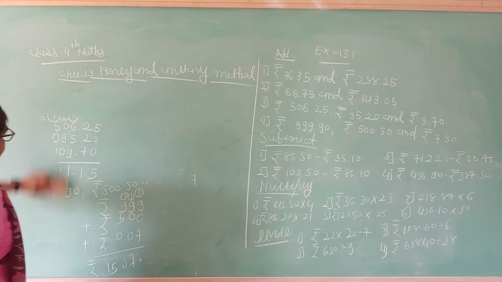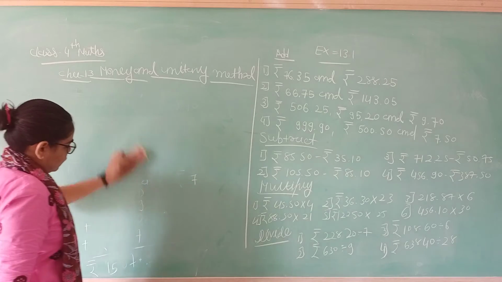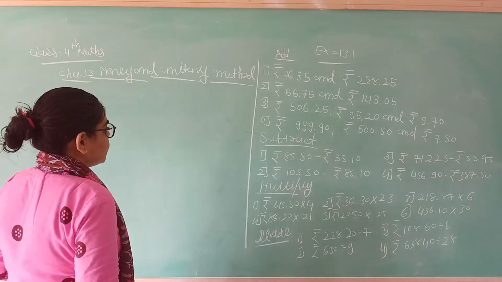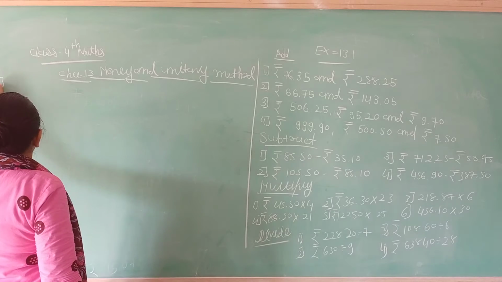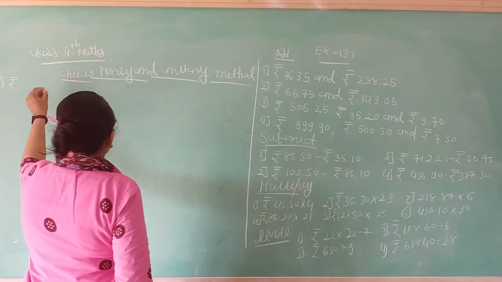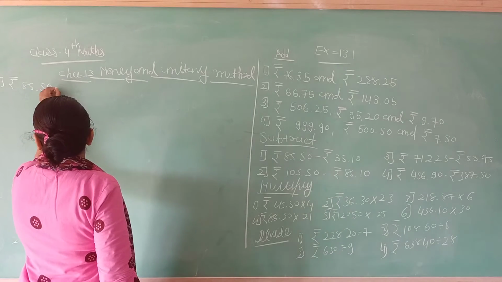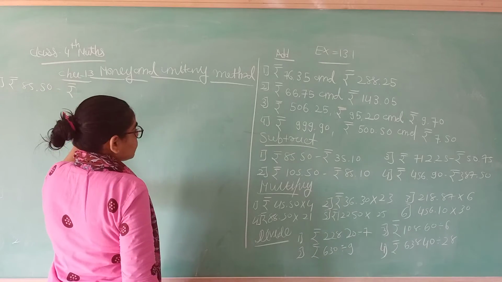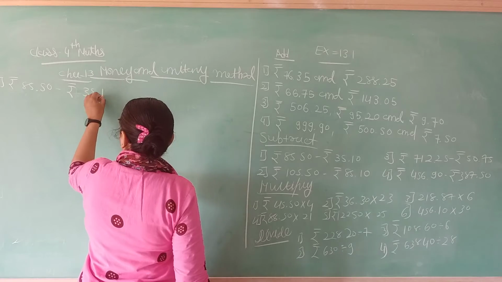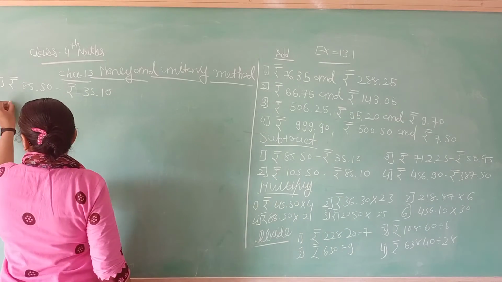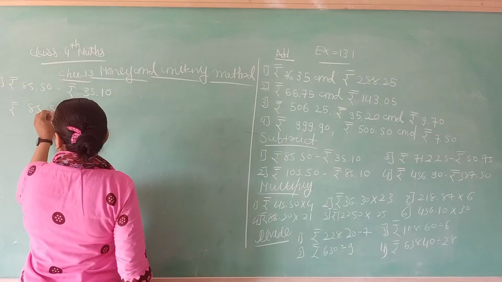Okay. Then our next operation is subtraction. So in subtraction, the first sum we solve is rupees 85.50 minus rupees 35.10. Okay. So first write down here 85.50.